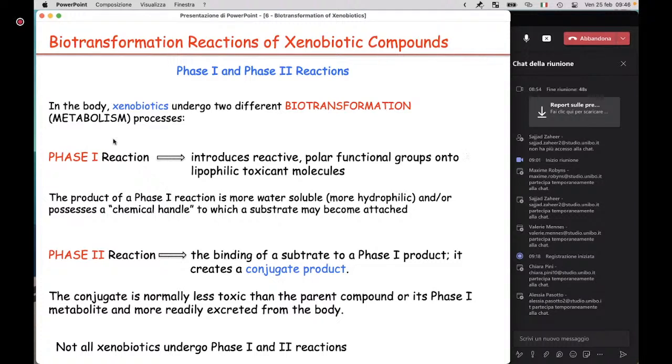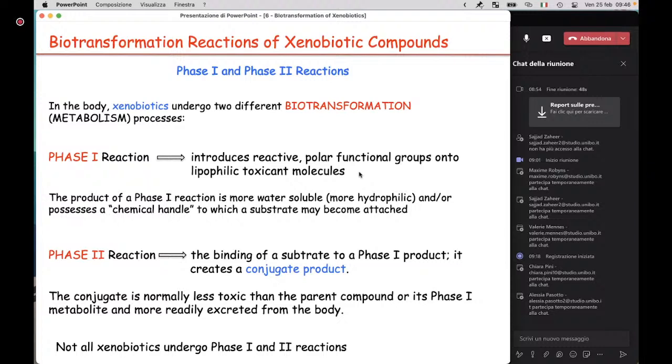So phase 1 reactions introduce functional groups that usually are polar, okay, are hydrophilic. In this way, if I add a polar, a hydrophilic group to an existing molecule, of course, the molecule will become more hydrophilic. So the product of phase 1 reactions are usually more water-soluble molecules.